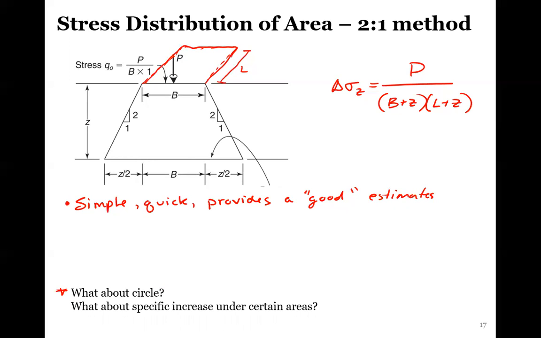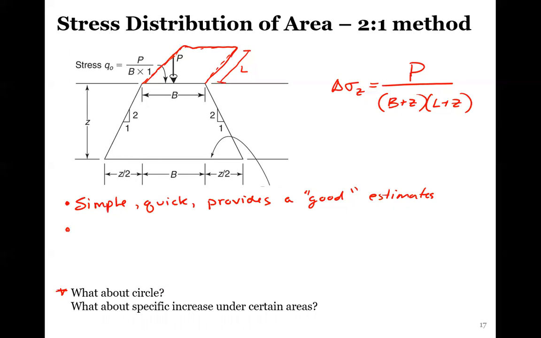If you were designing a nuclear reactor or something really important, you should probably do a little more analysis than just the 2-to-1 method. If you're designing a Wawa over sand or something like a Holiday Inn, nothing against Holiday Inns, something a little more controlled and less critical, then this might be an okay method. And this is a P, this isn't a D.